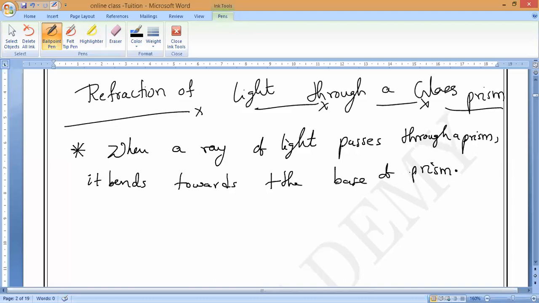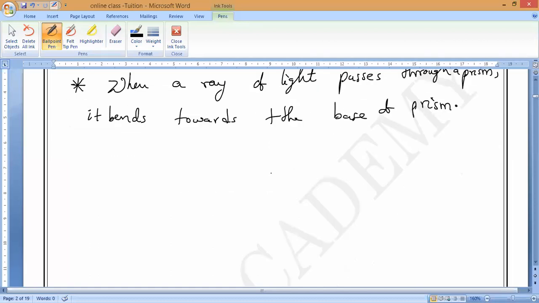We are discussing only the emergent ray; inside, we don't need it. Only the incident and emergent rays we want. Inside you have to represent it entering from rarer to denser, and denser to rarer. You should remember that.